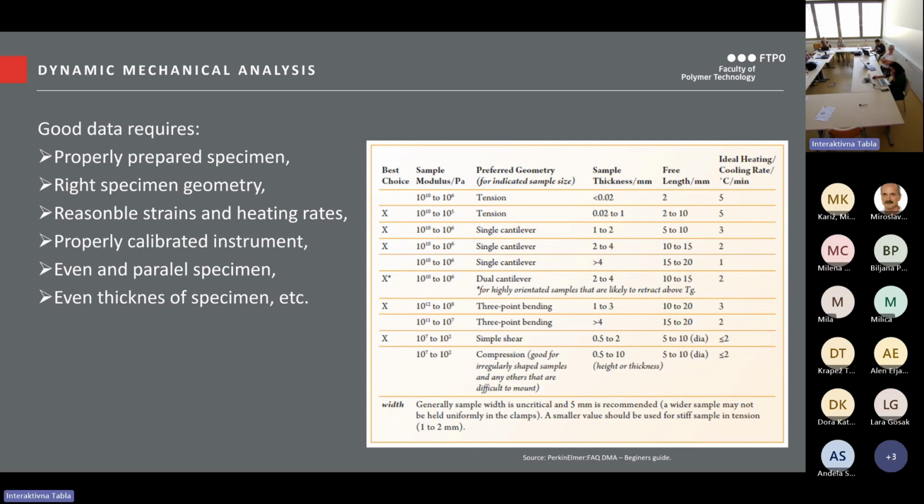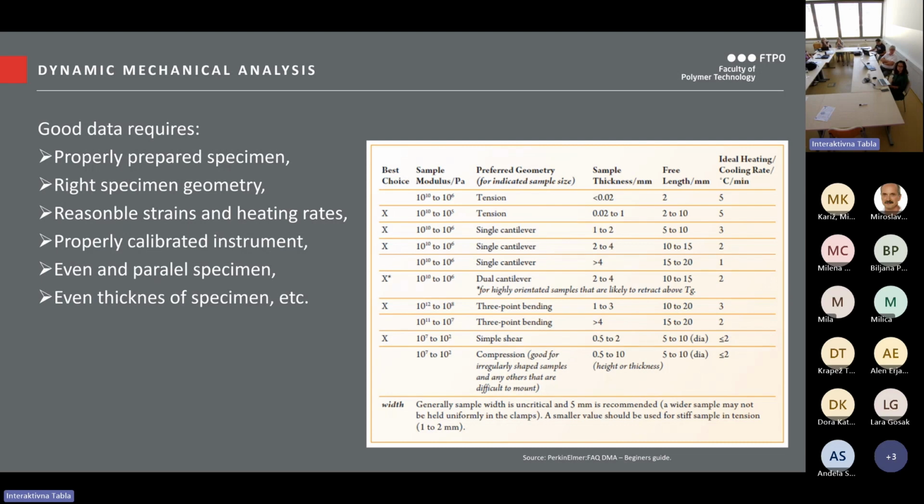Okay, so to get some good data out of DMA measurements, we need a properly prepared specimen, the right specimen geometry for the type of measurement we want to do, since we can measure on tension via single cantilever, dual cantilever, three-point bending mode, or shearing mode, or compression on DMA, depending on the clamps that we use.